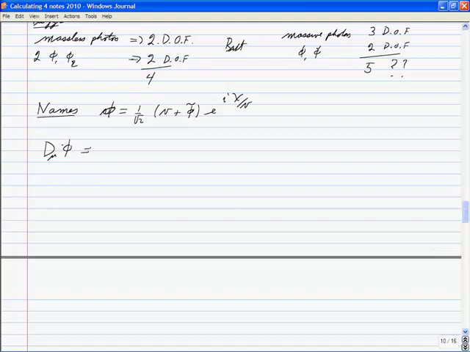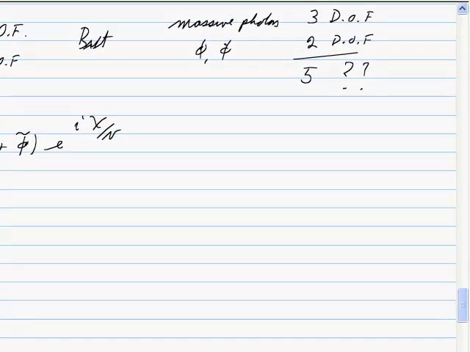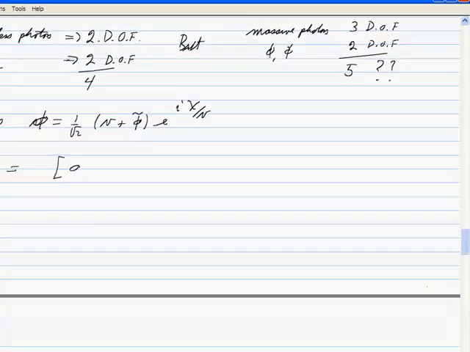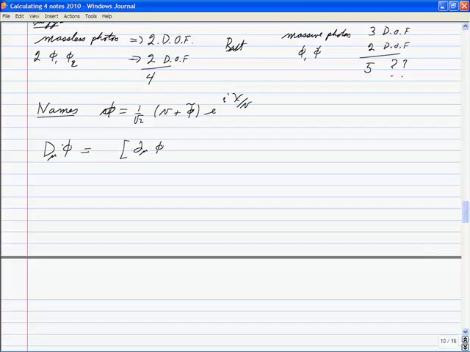When I take the derivative on that, I have derivatives on phi twiddle, I've got the A mu piece in there, and I've got the derivatives on chi. Okay. So I'll take a look at those guys. So the first piece is the d mu phi twiddle. That's an important piece. And I'm going to pull out e to the i chi over v, and the square root of 2, out in front.